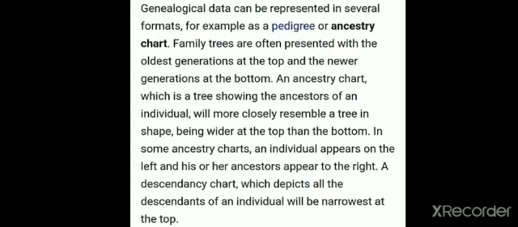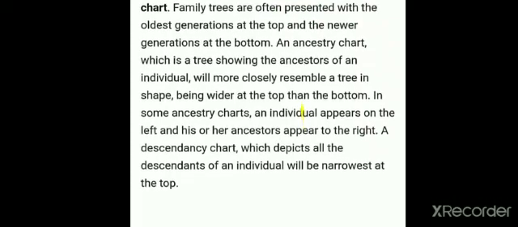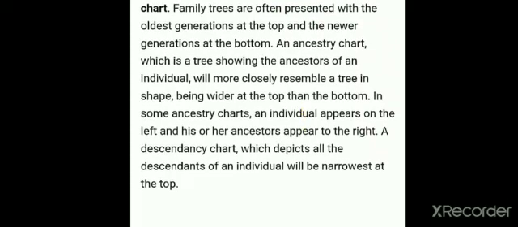Genealogical data can be represented in several formats, for example, pedigree and ancestry chart. What is genealogical data? Genealogical data means the information related to genes or the information related to ancestors. It can be represented through family tree or ancestry chart. Family trees are often represented with the oldest generations at the top and newer generations at the bottom.